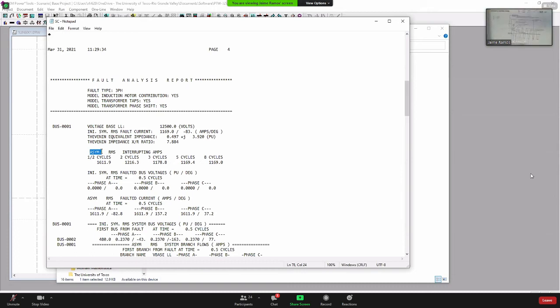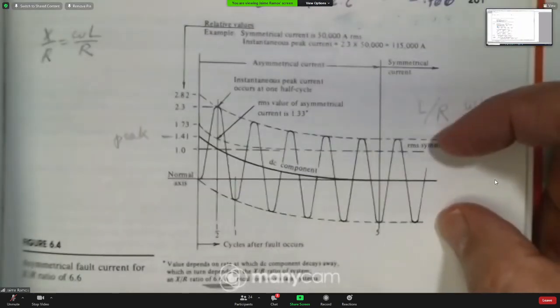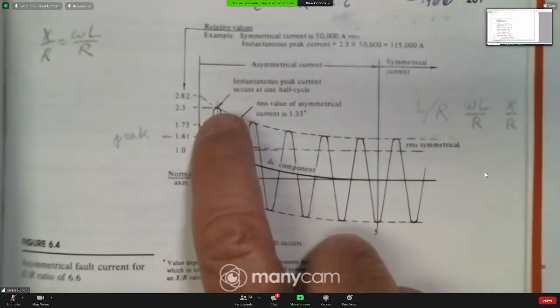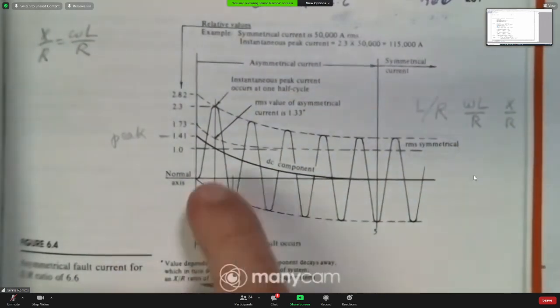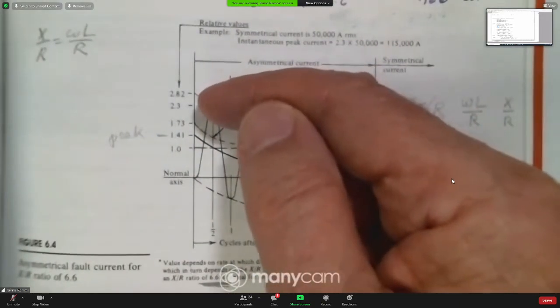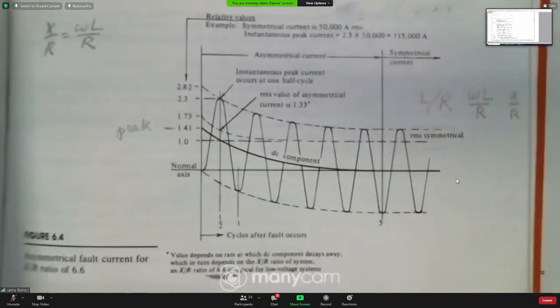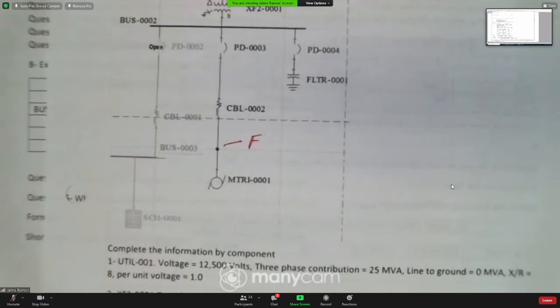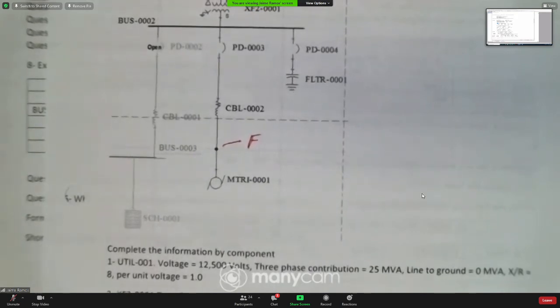This is what they mean here. This is the symmetric after the transient, and the asymmetric is the peak right on the transient. The asymmetric can be about 1.7 times higher than the symmetric. That depends on the X/R, the ratio of reactance to resistance.